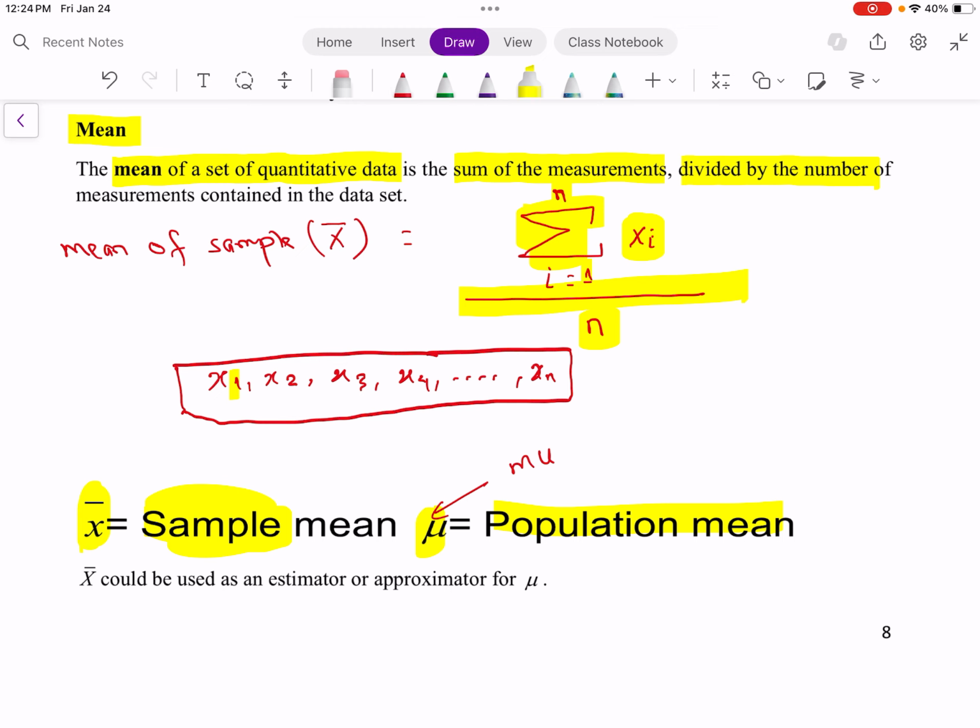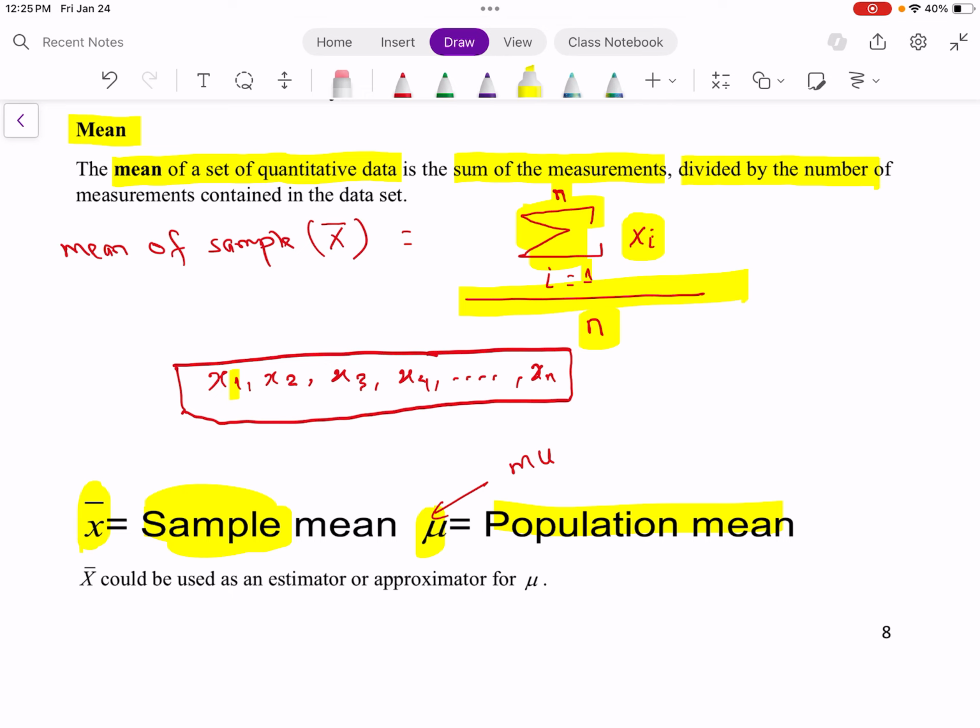Now, our second goal of this course is making a generalization or making an estimate. The first is we try to gather information from the data set, and the second goal is we use the sample information to make a generalization or an estimation. Once we have a sample mean, for example, the sample mean age of this classroom, I can use it to make an estimate of the mean age of these ENMU students.